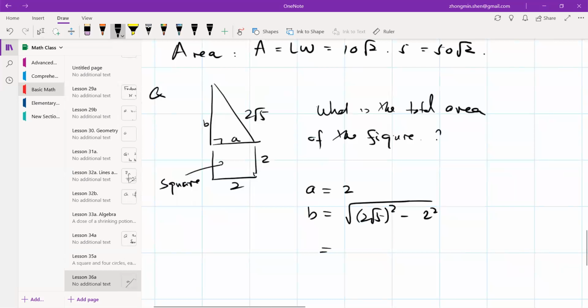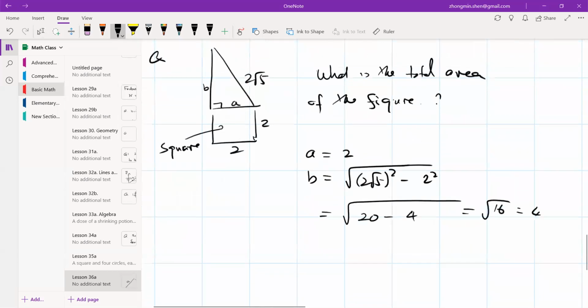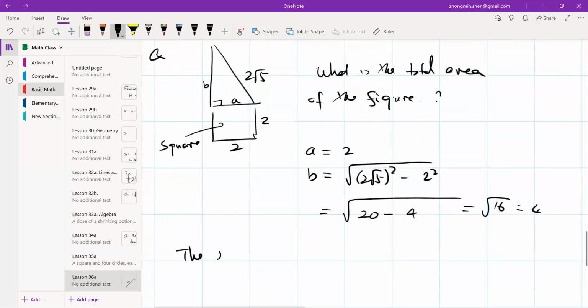All right, so it's going to be 20 minus 4, and the square root of 16 is 4. Okay, so you find the A and the B, then the total area is the area of the triangle, half A times B, plus the area of the square, 4 plus 4, which is 8. Great. Good job.